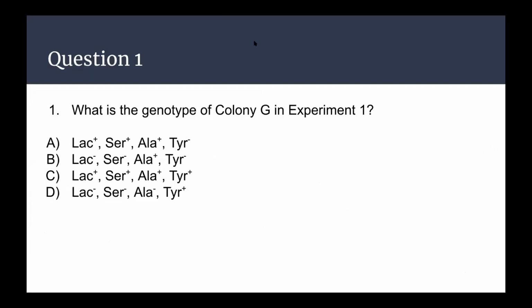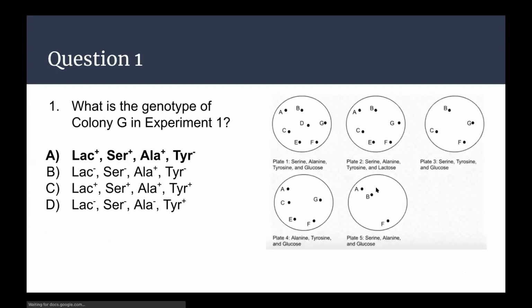So does anyone want to explain their answer for question 1? Okay, so for this question, we have to go back to the data from experiment 1. We notice that colony G was able to grow on all plates except for plate 5, which lacks tyrosine.